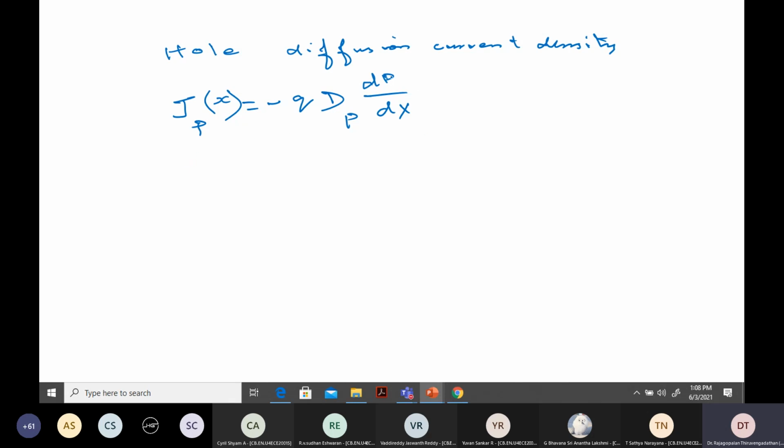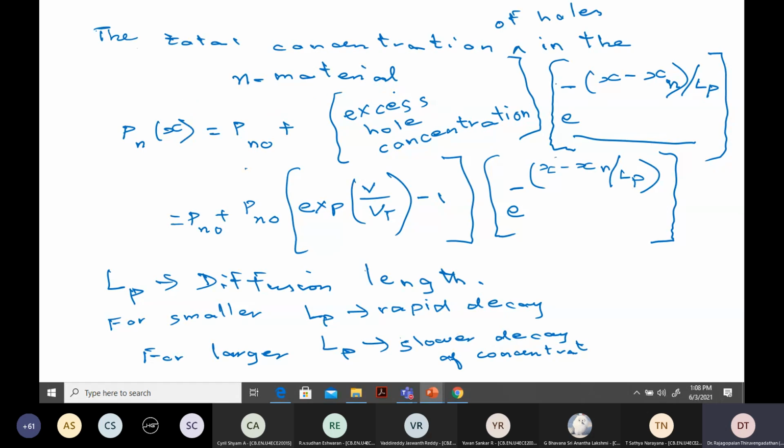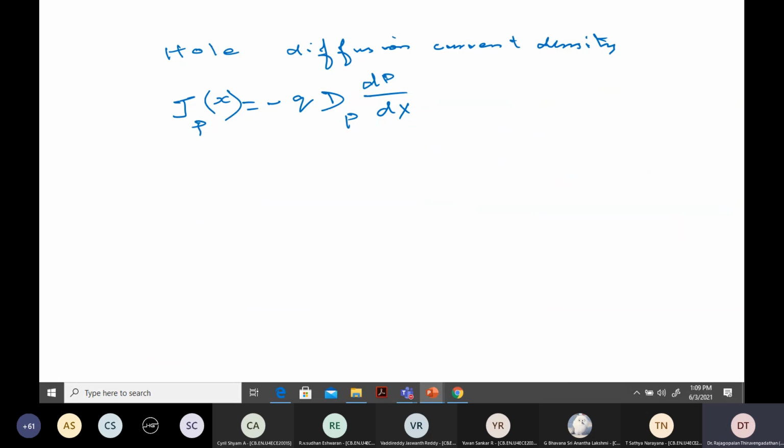And if I were to operate this dp by dx in this equation number 3, what will I get? I request you to do this carefully. When you do this, you will get this equation. You can check it for yourself.